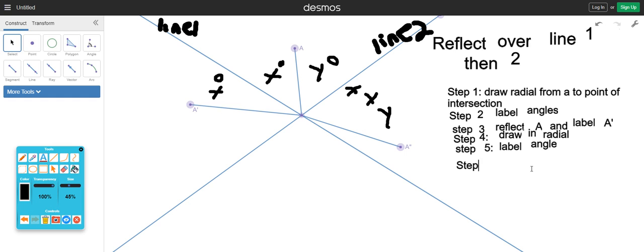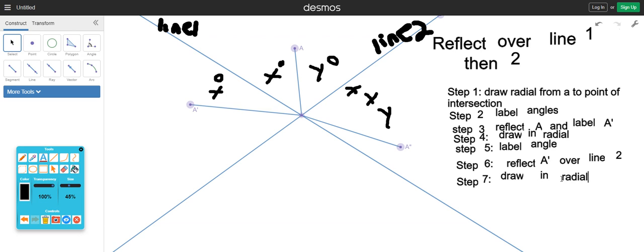So step 6, reflect A prime over line 2. Step 7, draw in radial.